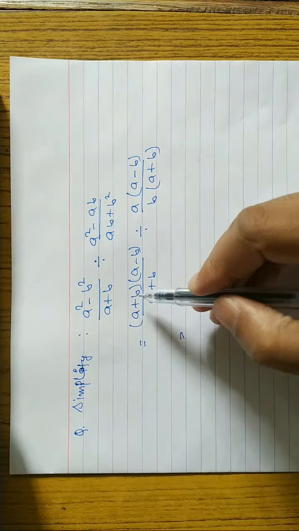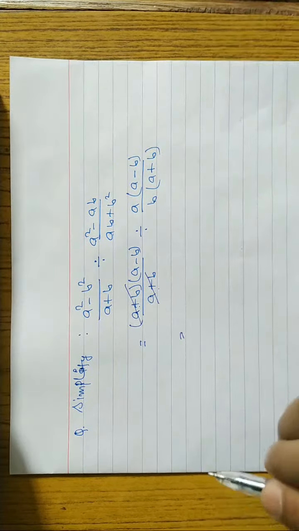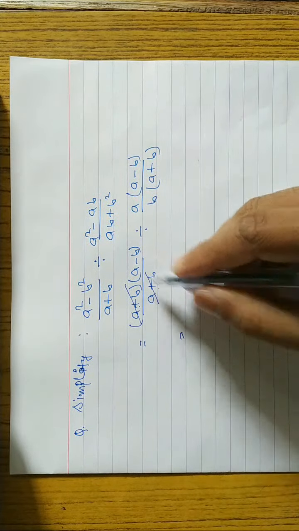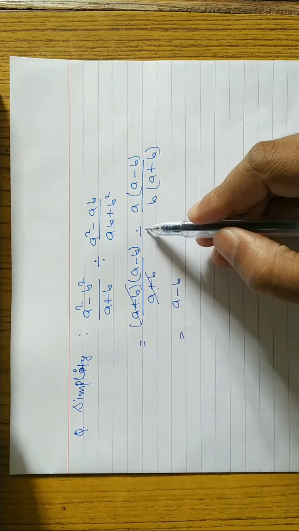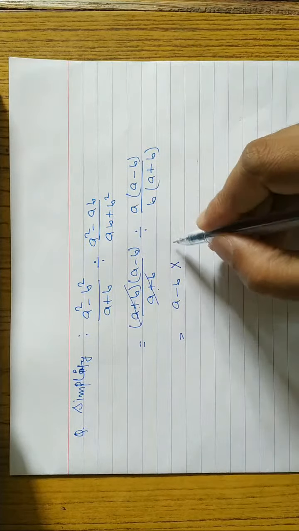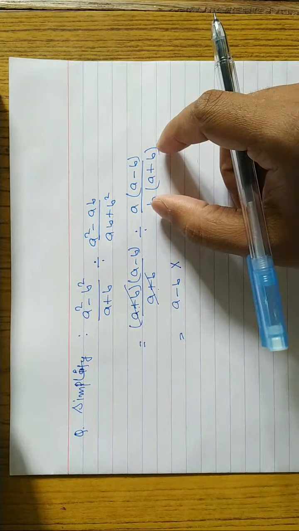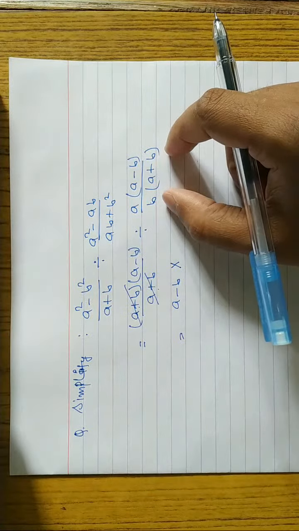Now what we have to write? You can see here a plus b, we can remove the same factor, so we can cancel, remaining a minus b. In place of divide, we write multiply, and we have to interchange denominator and numerator. It means what is down we write up and what is up we write downside.